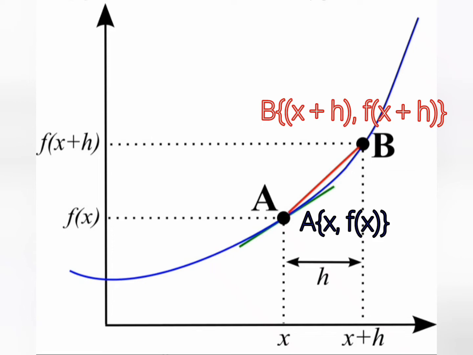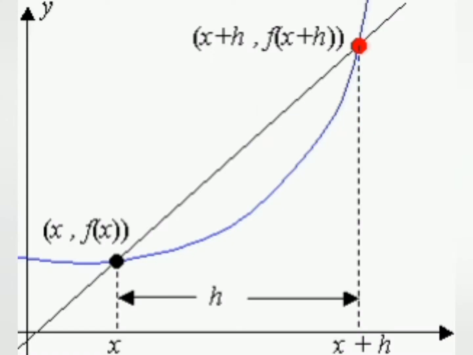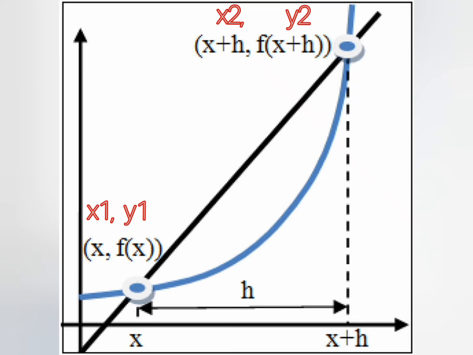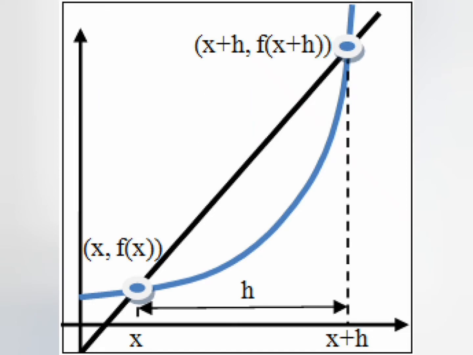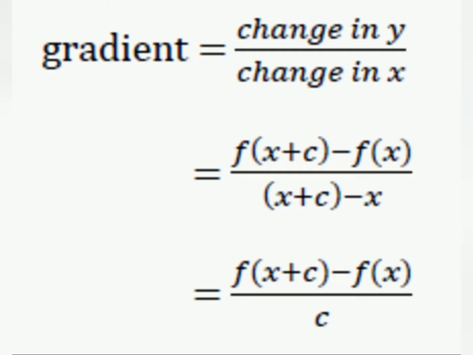The h is the small increment added to A to form B. Now we can find the gradient of line AB, which of course we know that gradient is change in y over change in x, or y2 minus y1 all over x2 minus x1. So following the gradient formula, we get change in y on change in x.